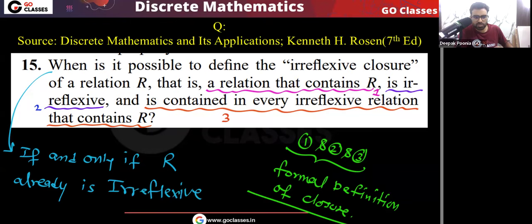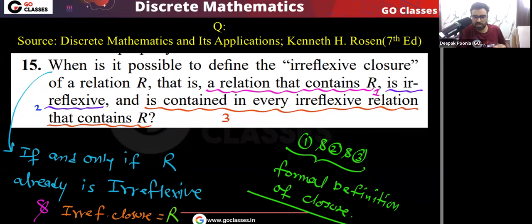Then the irreflexive closure you can define, and the irreflexive closure will be R itself. Okay, that's it. This is the answer.